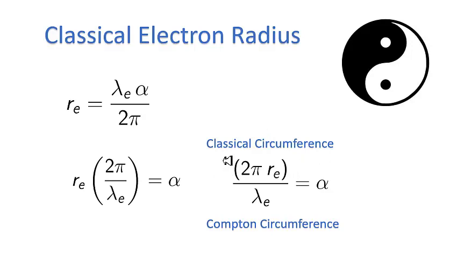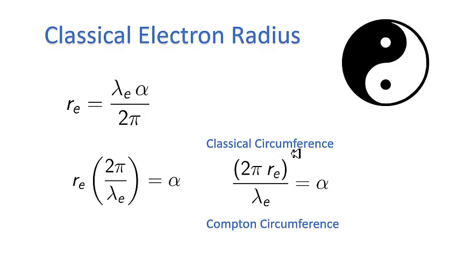One is the classical electron circumference, and the other is the Compton circumference, the circumference of my model. And it appears that the classical circumference divided by the Compton circumference is alpha. And so this is another way of looking at alpha geometrically.